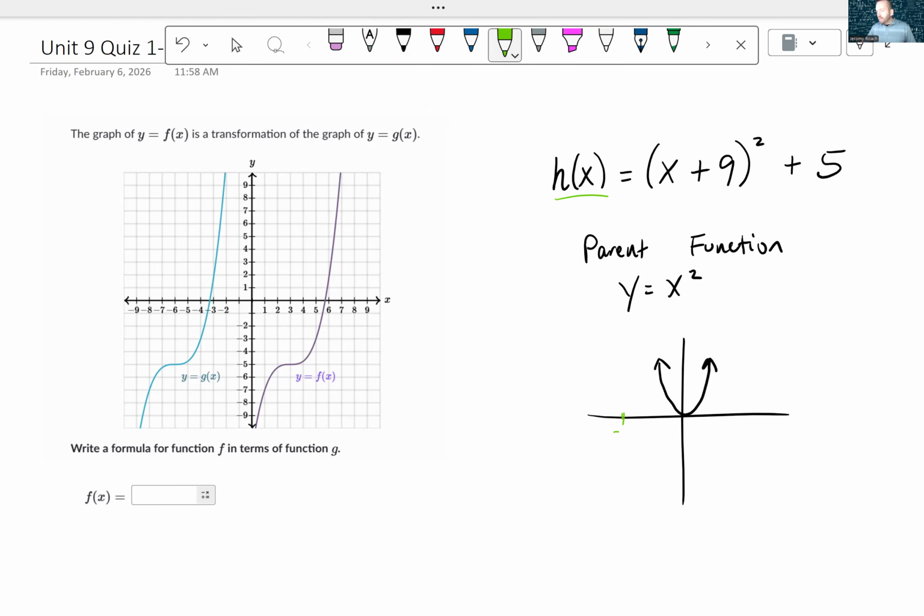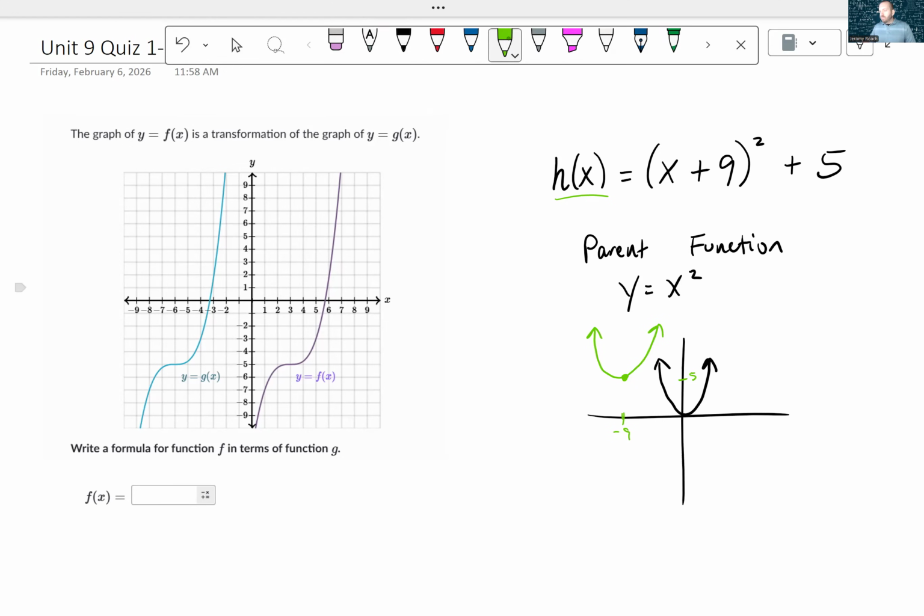So this would be at negative 9. And we're going to go up 5 from our vertex. So if that was 5, this would be our new vertex, and our graph would look something like this. So that's how we can transform this original parent function into the transformed function h of x.